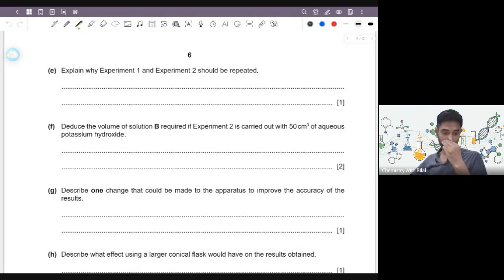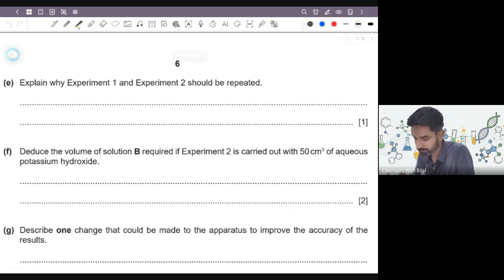Whenever you are asked to increase the accuracy: we did the experiment the first time, and we cannot take only one reading, because we never know whether in the first attempt we miscalculated a reading or added too much indicator or volume. So at least repeat 3 times so that you get similar results. So they should be repeated to increase the accuracy or to get reliable results.